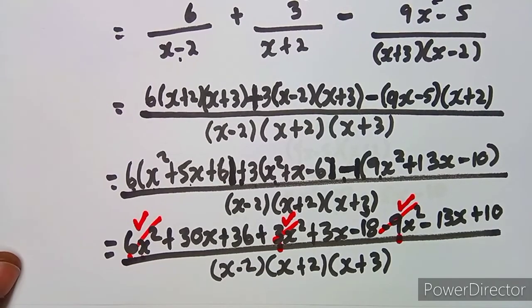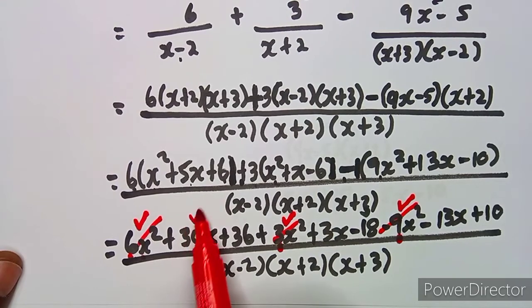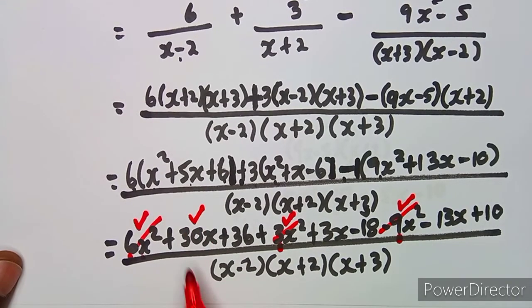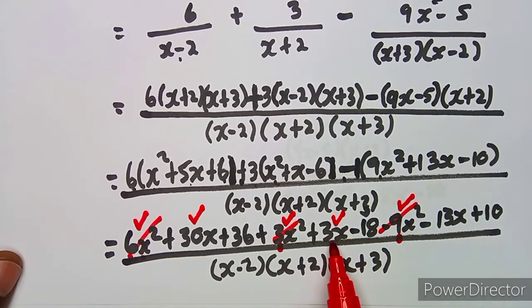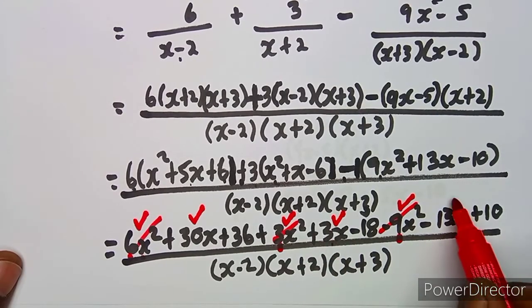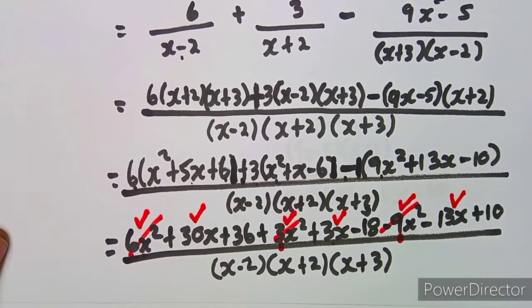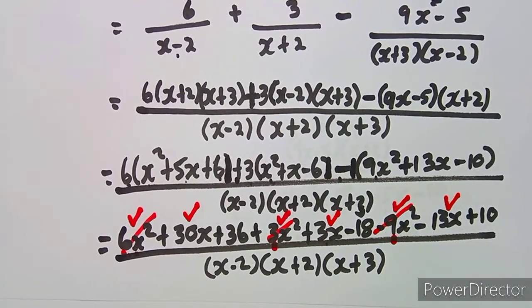All right, we move on to the part with x. So it's 30x plus 3x, which is actually 33x, minus 13x, which is 33 minus 13, which is 20x. So this is going to give us 20x here, where there is x.